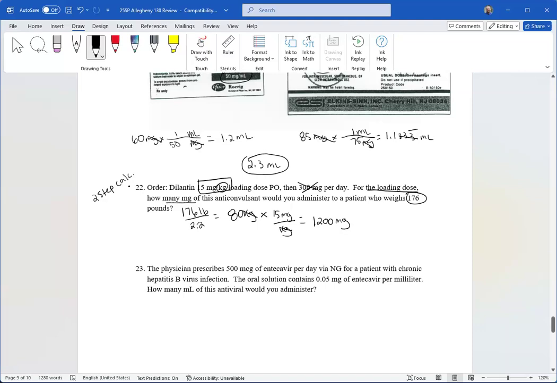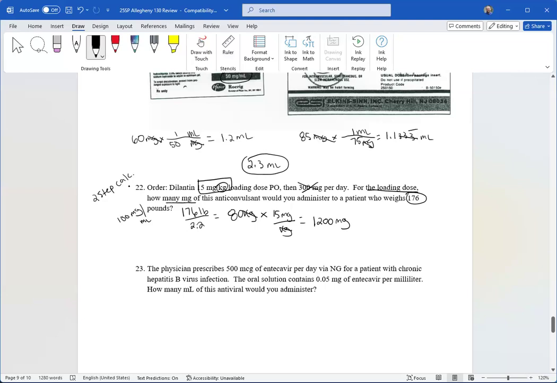So how might this change? You might see this change in regard to the patient's weight and the order. Sometimes they'll add an extra step. Let's say we know that Dilantin is available in 100 milligrams per milliliter.